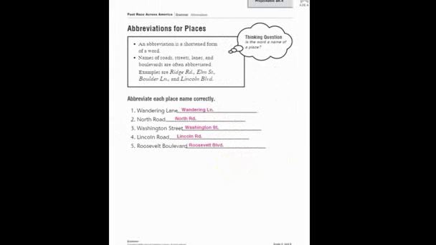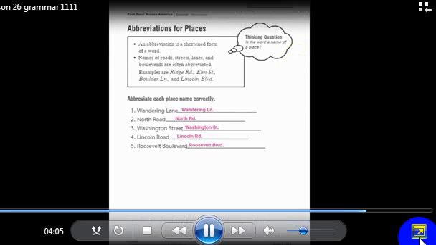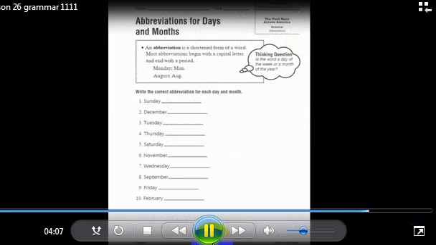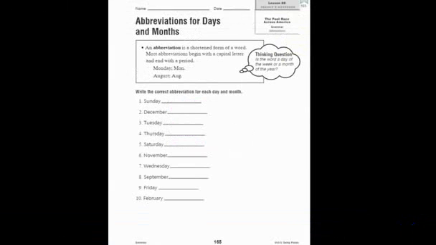Did you get them right? They're not very hard. Abbreviations are not hard at all. Okay, so now we're going to go to your reader's notebook and get some practice. In your reader's notebook, you will find on page 165 and 166, these are essentially the exact same thing you just did and worked through with me on the projectable, except for this time you get to write it in your book.